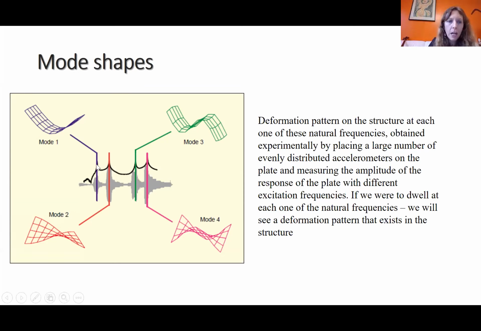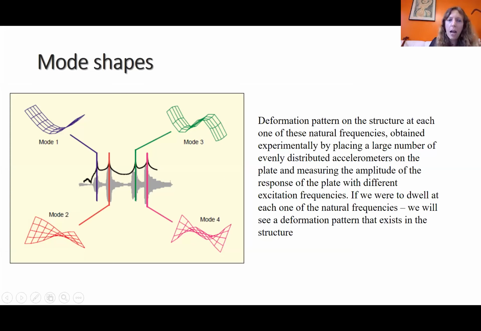By measuring the response on a grid over the plate, you can see that this is how the plate deforms at this frequency. This is mode 2 for this frequency, mode 3 for that frequency, and mode 4 for that frequency.